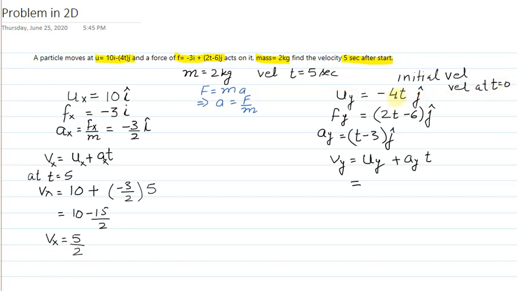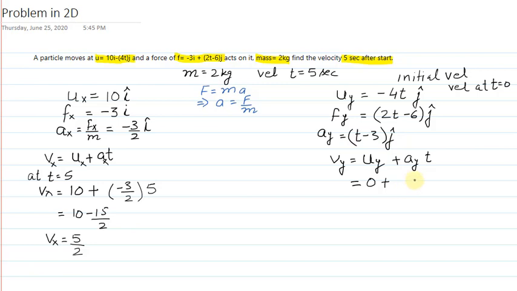So when you put t = 0, uy becomes 0. Plus, now here we have to say that a is not constant, it varies with t, so you cannot directly write at.